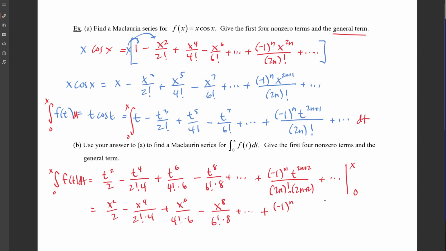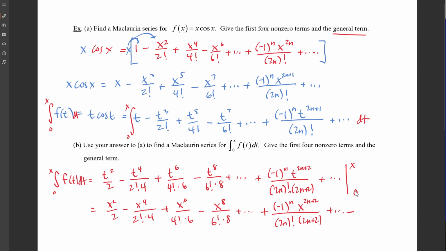I'm substituting x everywhere there's a t. So this will be x raised to the 2n plus 2 over the quantity 2n factorial times 2n plus 2 plus dot dot dot, and I'm going to subtract, plug in the 0.